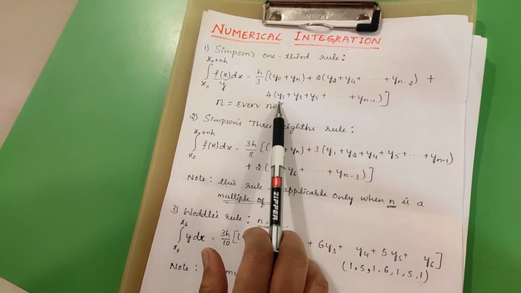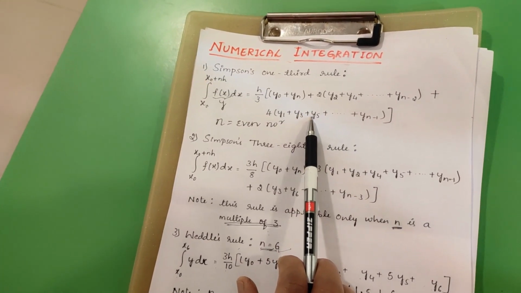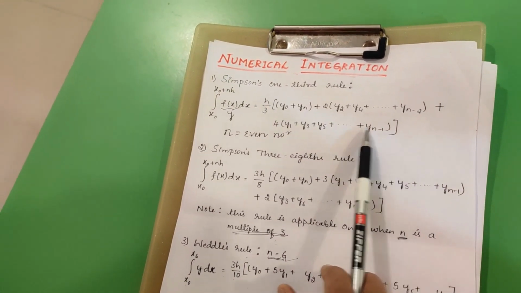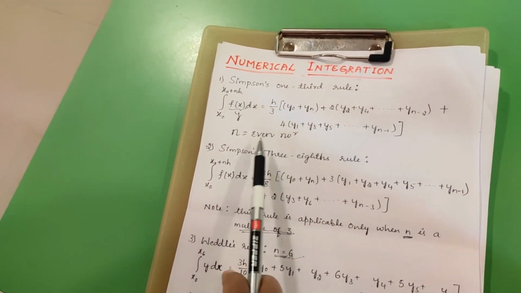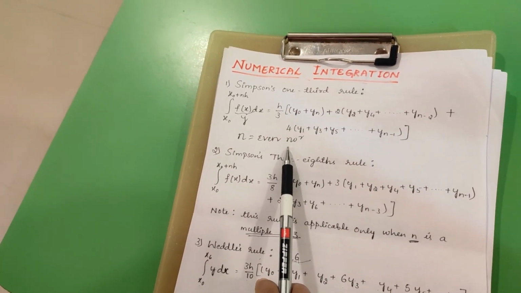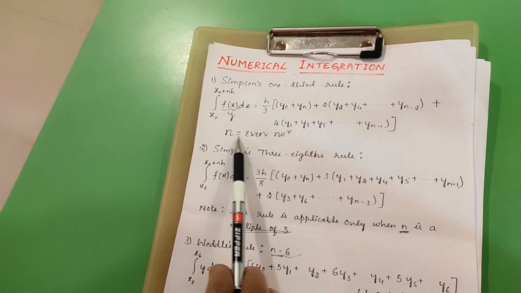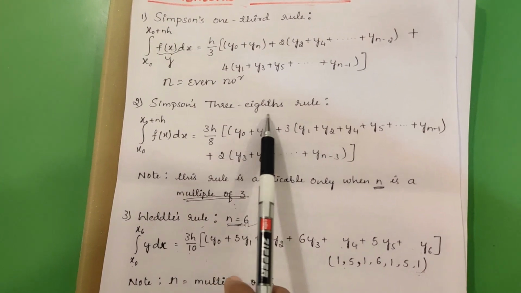Then plus 4 times the odd position values, y1 plus y3 plus y5 and so on. Simpson's 1/3 rule is applicable only when n is an even number, that is, the number of intervals should be even.